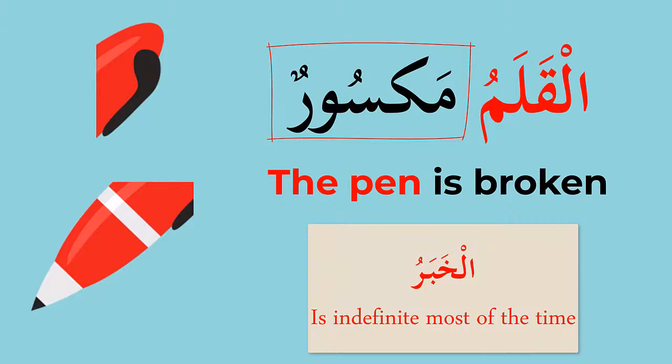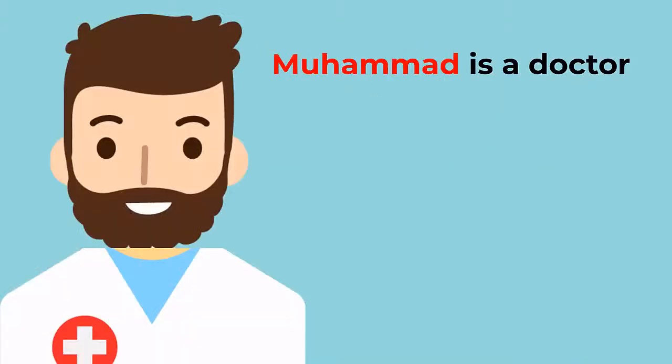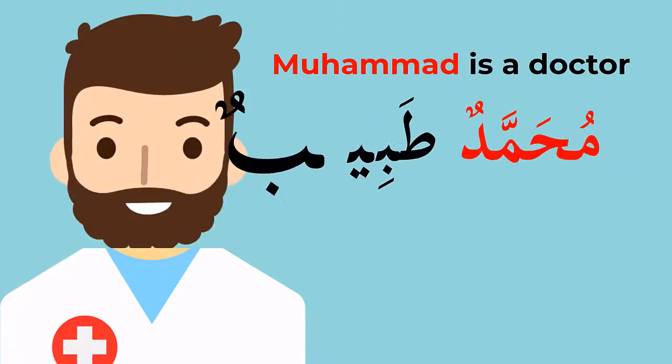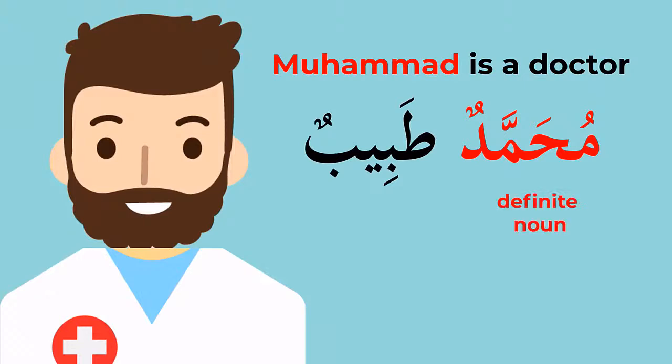So you won't say "the" in it, because it's an adjective. But if I say, Muhammad is a doctor, what will you say? Muhammadun tabibun. Muhammad is definite, but tabibun is indefinite. Now, more examples.